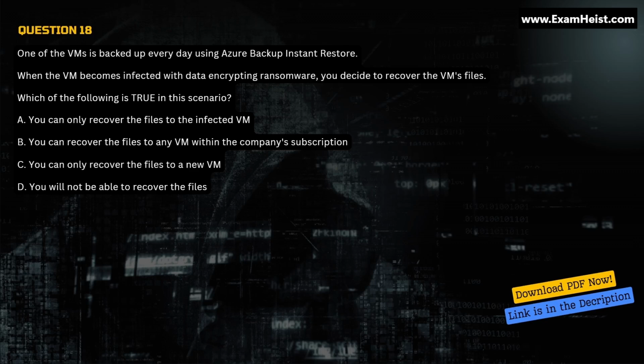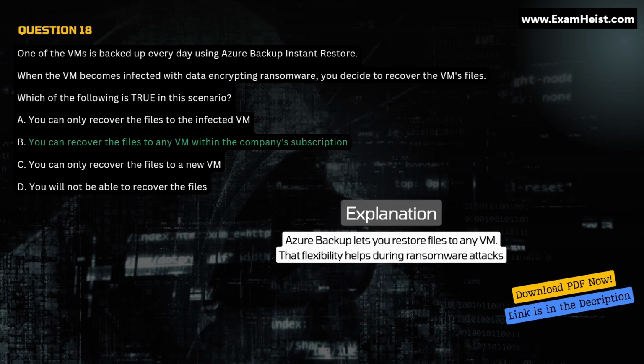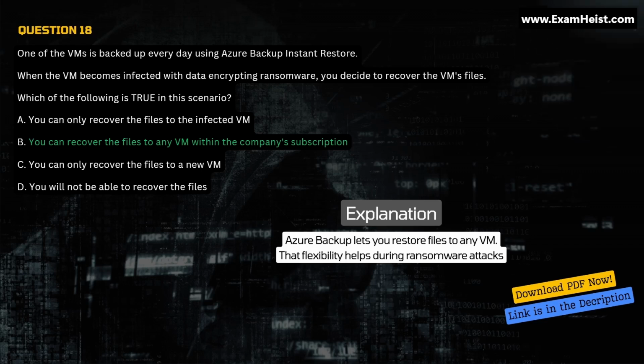B. You can recover the files to any VM within the company's subscription. C. You can only recover the files to a new VM. D. You will not be able to recover the files. Correct answer is B. Explanation. Azure Backup lets you restore files to any VM. That flexibility helps during ransomware attacks.